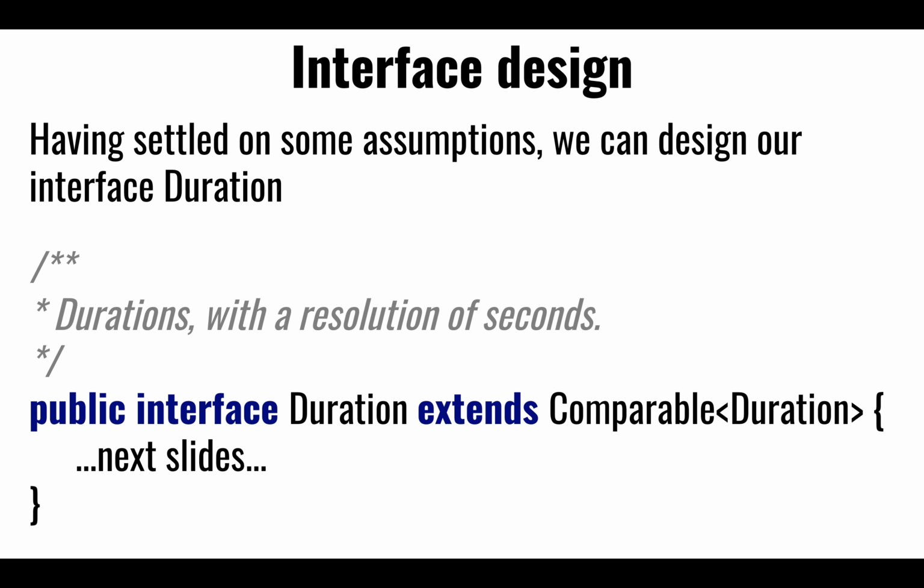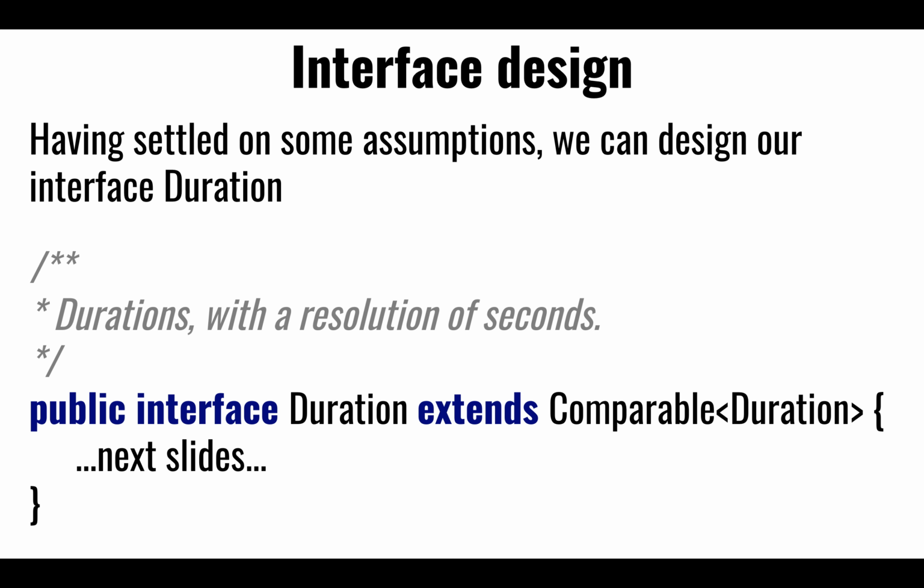We'll see some of the benefits of deciding when to use an implementation and when to use an interface, and hopefully we'll come to an agreement that most of the time we'll want to settle on the most generic representation of the idea or the concept of duration.